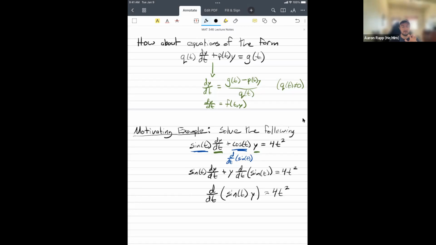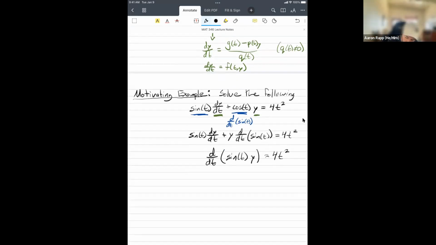Well, hey, it's not a simple looking function necessarily, but I'm looking at the derivative with respect to time of a function and then equal to, on the right-hand side, a function that I know I can integrate. 4t squared, I can definitely integrate. So now let's do that. Cancel out the derivative on the left-hand side, integrate the one function that I know, which is that 4t squared.